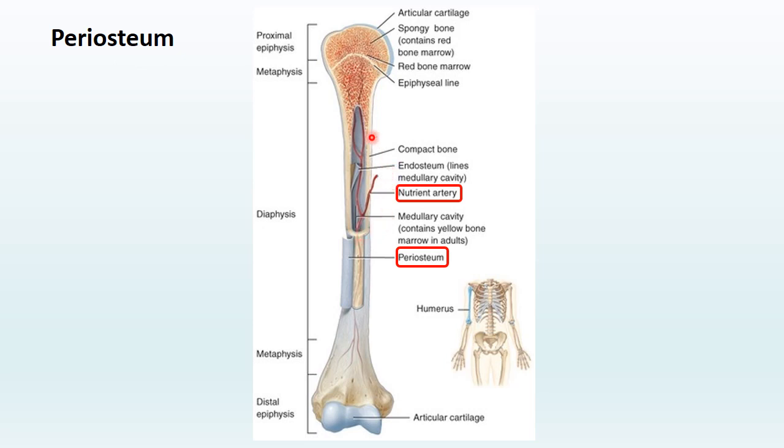Now, each long bone usually has a single nutrient artery. Nutrient means nourishing. This nutrient artery usually gets into the inner aspect of the bone through the diaphysis via a hole called nutrient foramen.